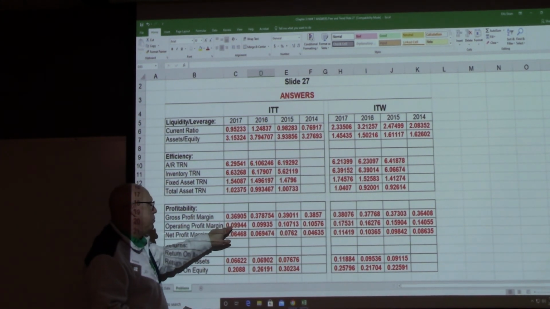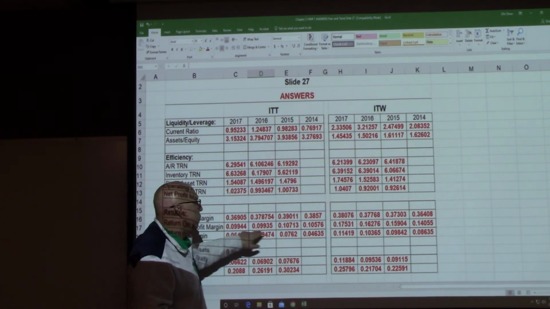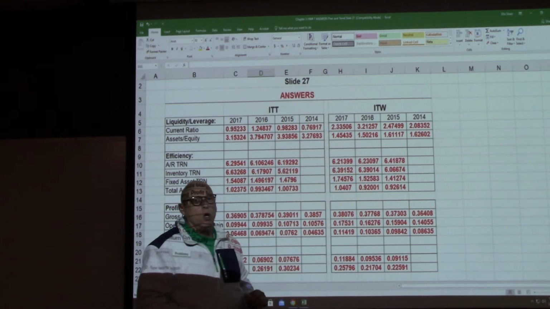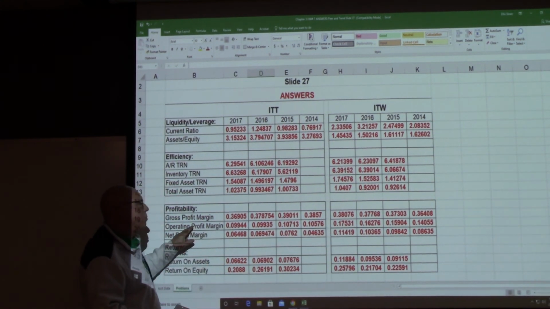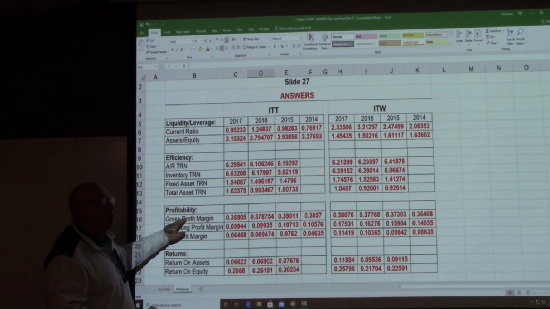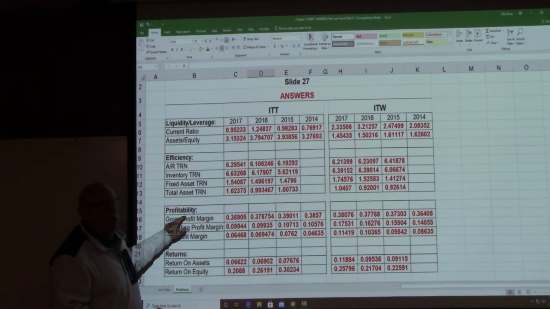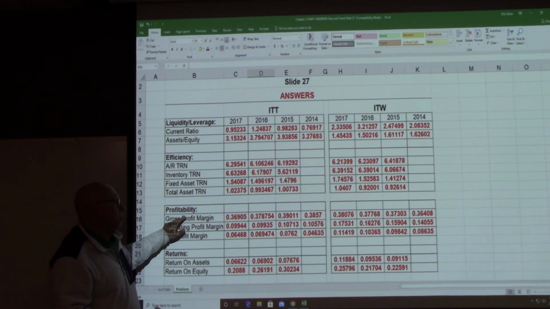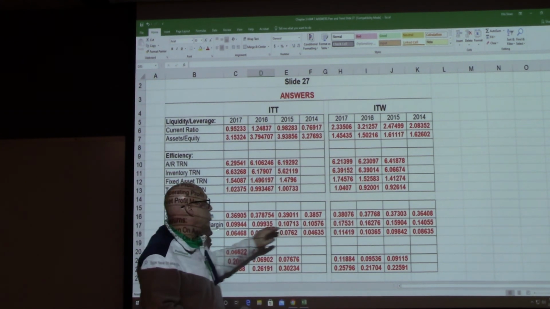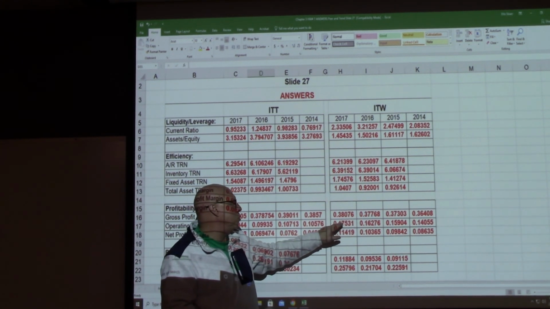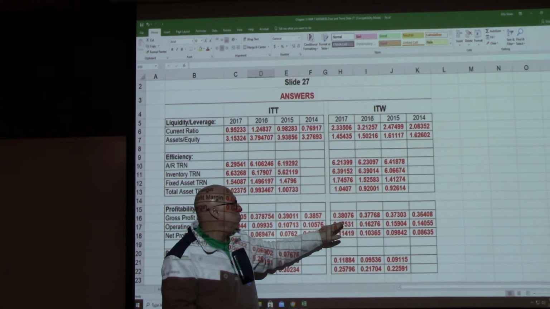Operating margin, 0.1 versus 0.175. What's the difference between operating profit margin and gross profit margin? SG&A and depreciation. So SG&A and depreciation are taking a much smaller bite out of profits.